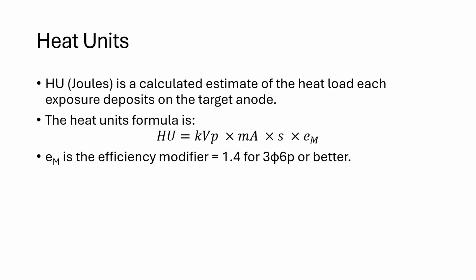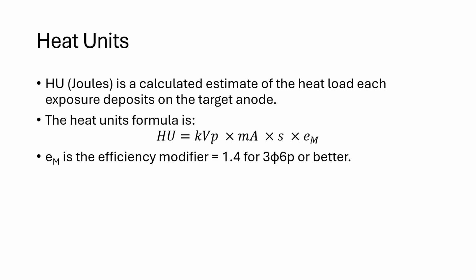And so that's where we get the 1.4 for everything over 3-phase 6 pulse. So your 3-phase 6, your 3-phase 12, and your high frequency, 1.4. It's basically estimation. It's rounding off to the average of those 3 numbers that I just mentioned. So just stick in 1.4 into your heat units formula, unless they specifically say full wave rectified.